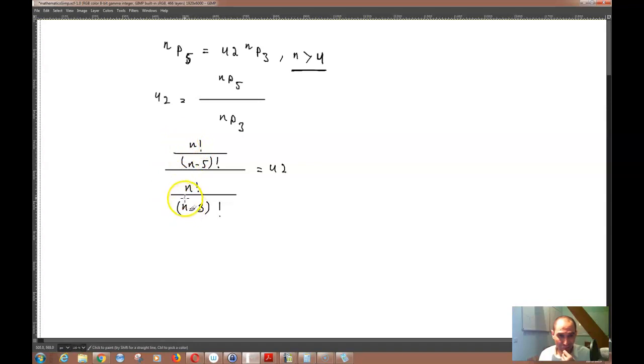Now you need to simplify this. When you have this kind of thing, for example, a divided by b divided by c divided by d, that's the same thing as a divided by b times d divided by c, which means that you can simplify.